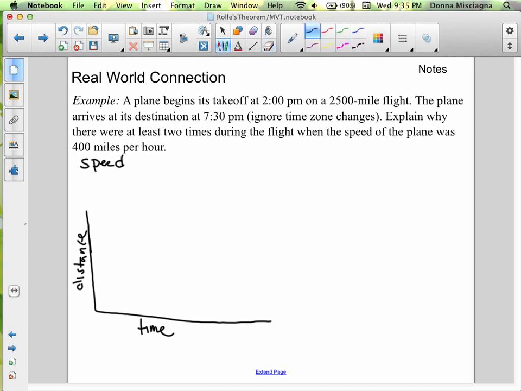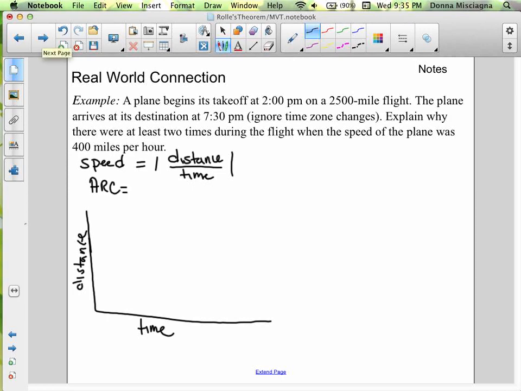Well, actually, you would. The velocity will not always be positive, but speed is always positive. So it's the absolute value of the distance divided by the time. In this case, speed is the absolute value of the distance divided by time, which is our average rate of change.